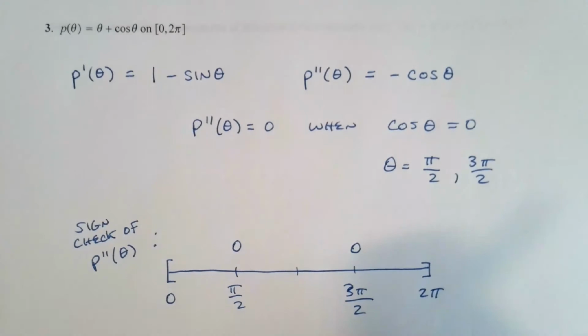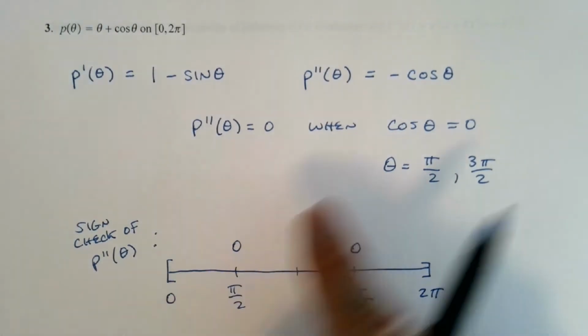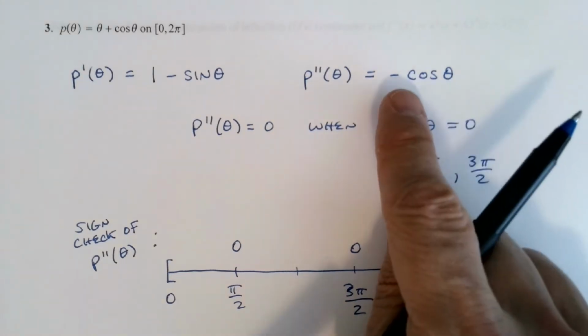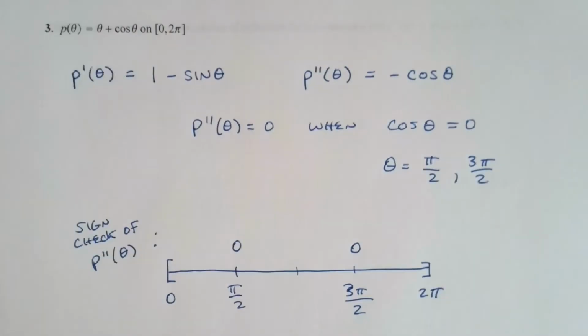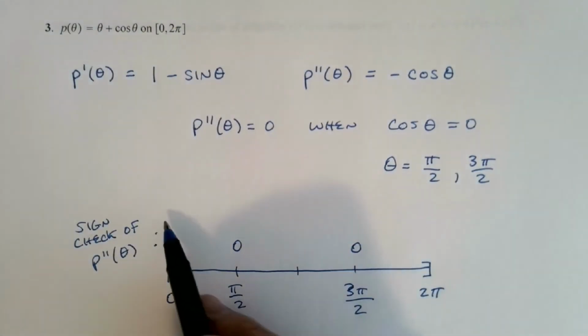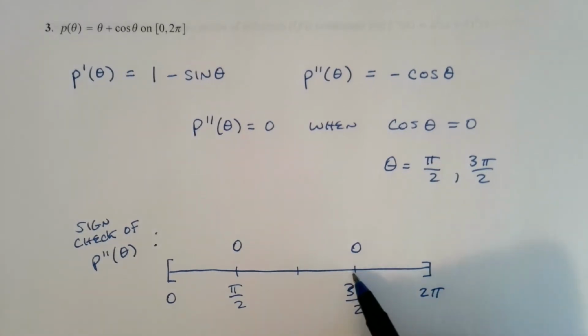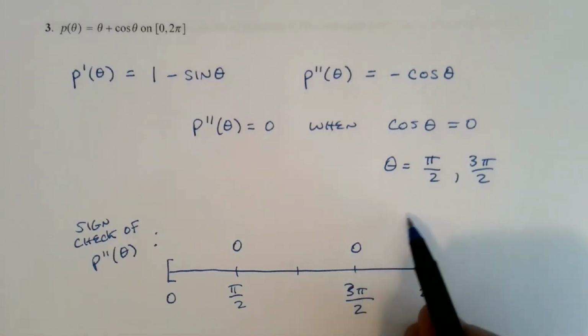And then, as far as the sign check, if you notice, our second derivative is just negative 1 times cosine theta, so the sign is just the opposite of whatever cosine theta is. Remember, cosine theta of 0 is 1. It's 0 at pi over 2, goes down to negative 1 at pi, back up to 0 at 3 pi over 2, and then at 2 pi it's positive 1 again.